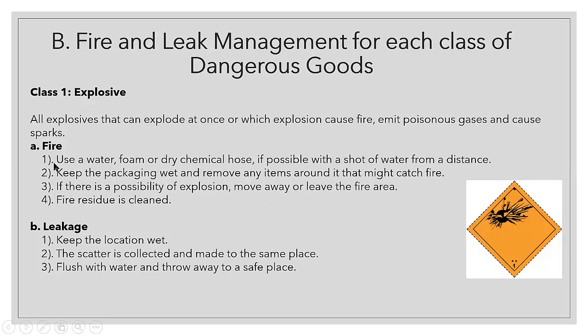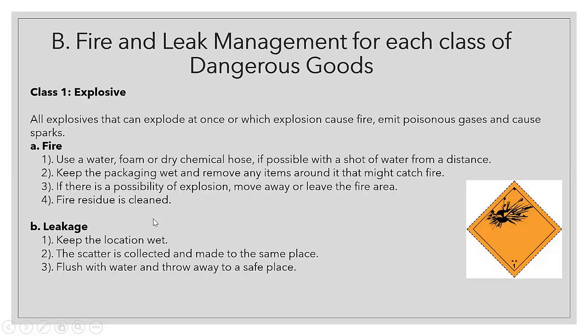If there is a fire, use water, foam, or dry chemical hose, if possible with a shot of water from a distance. Keep a safe distance. Keep the packaging wet and remove any items around it that might catch fire. If there is a possibility of explosion, move away. You must leave the fire area.